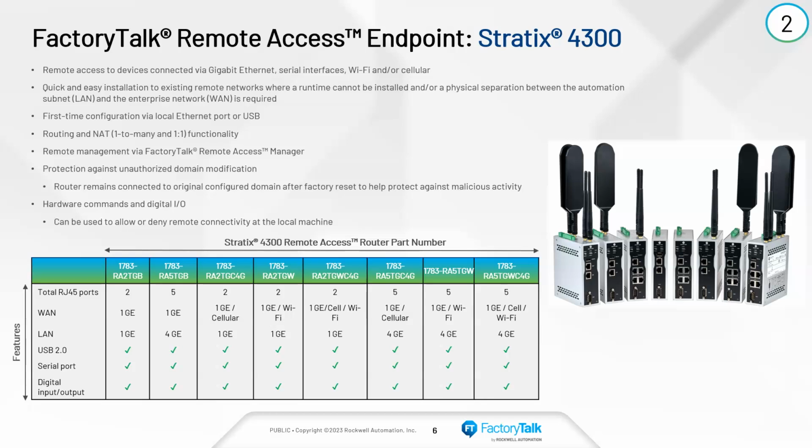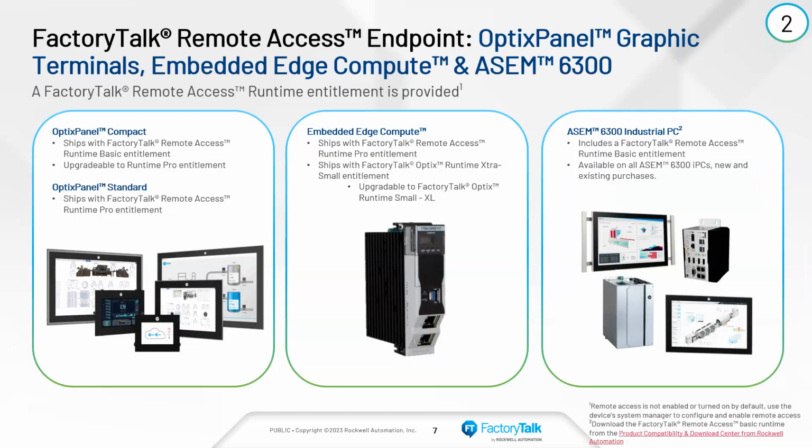And then there are ports for the local area connection to connect to your automation devices on the plant floor. The Stratix 4300 gives you the ability to connect over Ethernet, over serial, and now there are new models that give you the ability to use Wi-Fi and cellular connections to make your secure outbound connections.